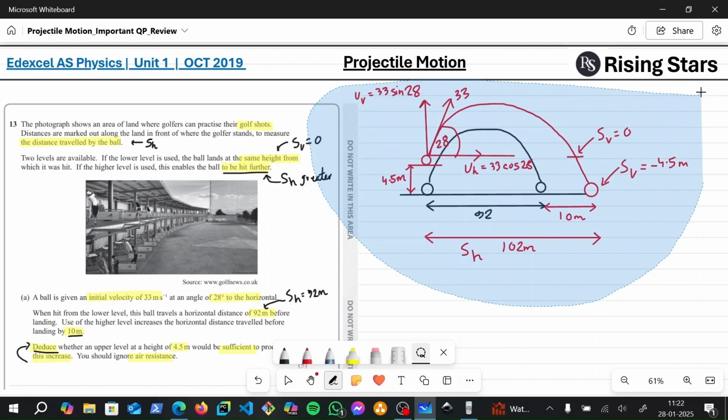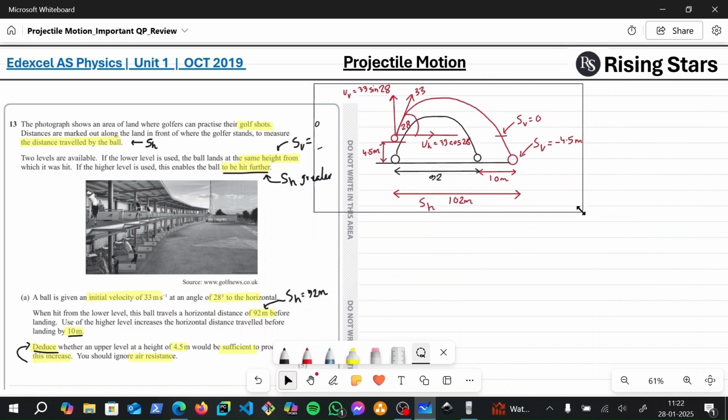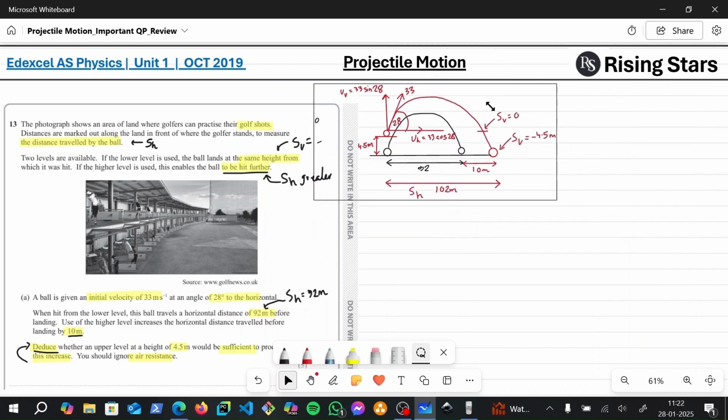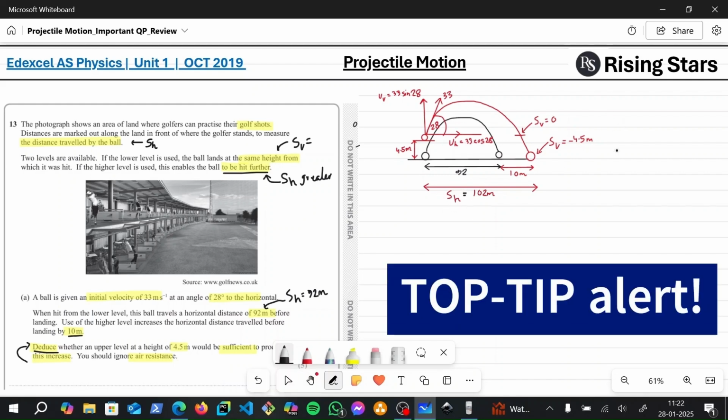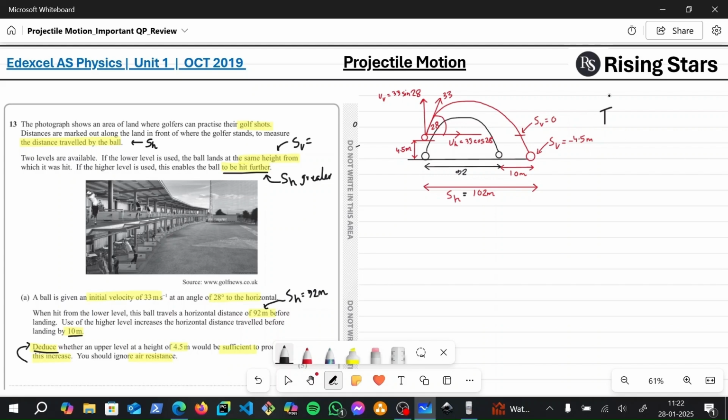Okay, I will just make up some space for the math and keep it here. All right. So I would like to give you a top tip here. Whenever you want to find the horizontal displacement, you always will need to find the time of flight, T, first, and that you have to find using the vertical motion.